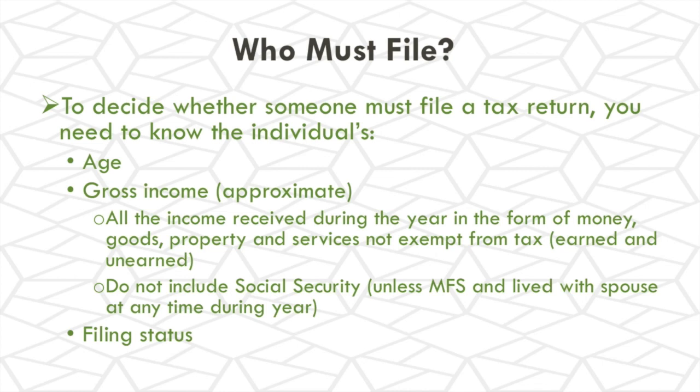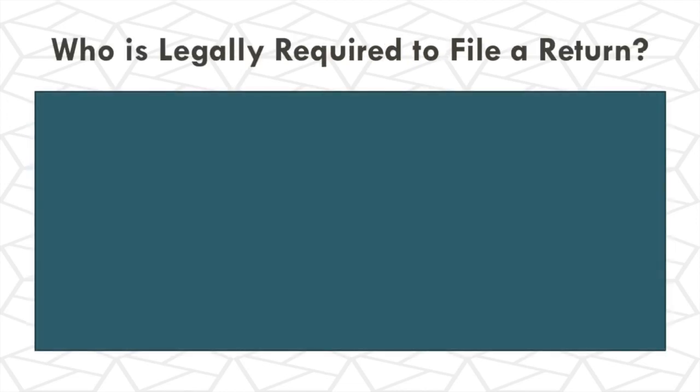So that's most forms of income that we will cover in Unit 1, except for Social Security. You're not going to include Social Security in gross income unless the taxpayer is married filing separately and they lived with the spouse at any time during the year. There are a couple of other exceptions, and you can find those in the footnotes of Publication 4012.